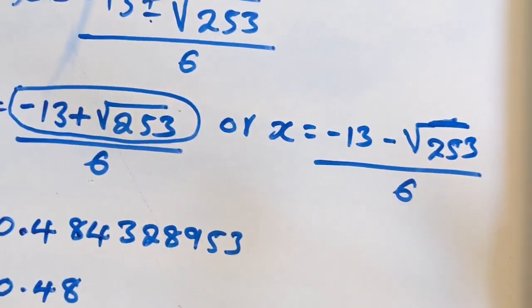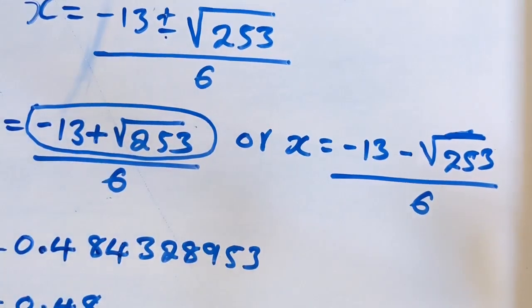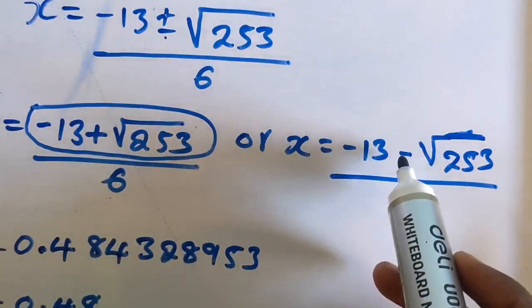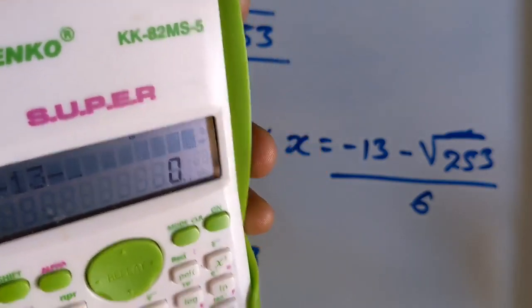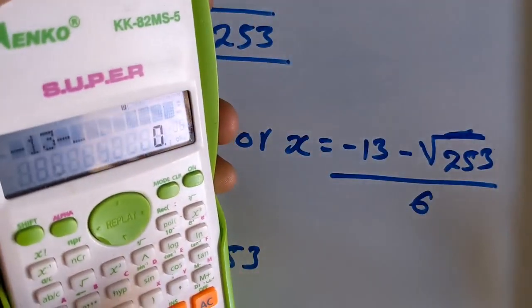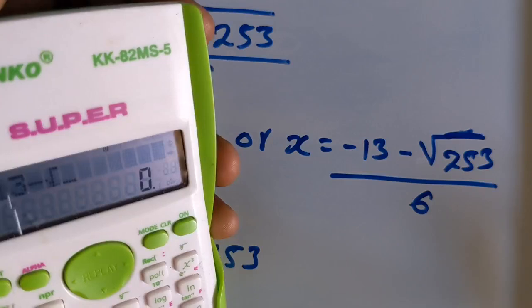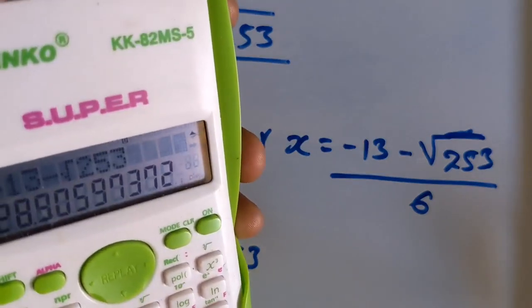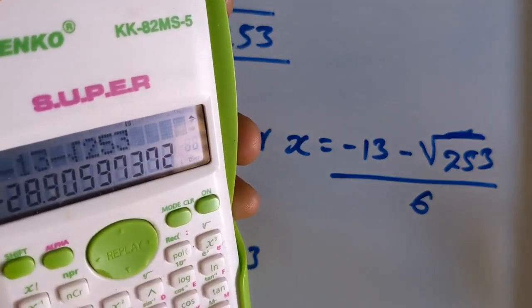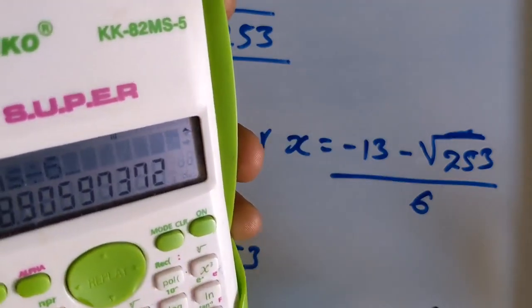Again, you come to this other one, you punch it as negative 13. Now here there is a minus, so you say minus root 253, then equals. After finding that answer, you divide by 6.